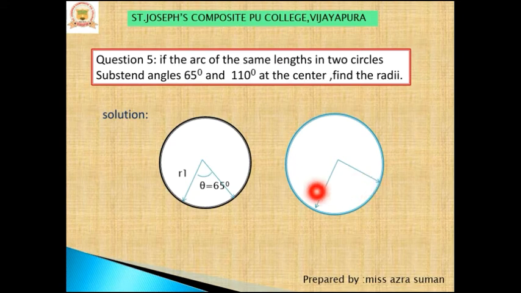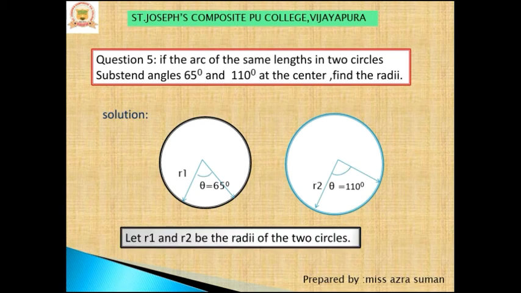One more circle has radius R2 and it makes an angle of 110 degree, so theta equals 110 degree. You can take them as theta 1 and theta 2. Let R1 and R2 be the radii of the two circles.